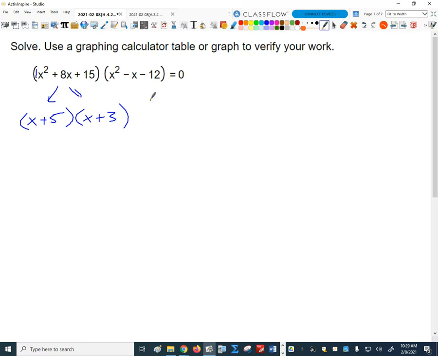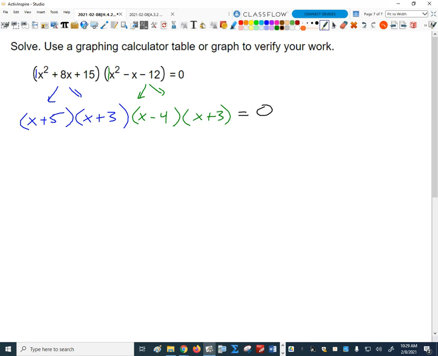What about this guy? I can split this one up easily too. That's got a 1 in front of the x squared. So either it's going to work or it's not. Either it factors or it doesn't. Are there numbers that multiply to -12 and add to -1? Yeah, -4 and plus 3, right? Okay, and that whole thing is equal to 0.